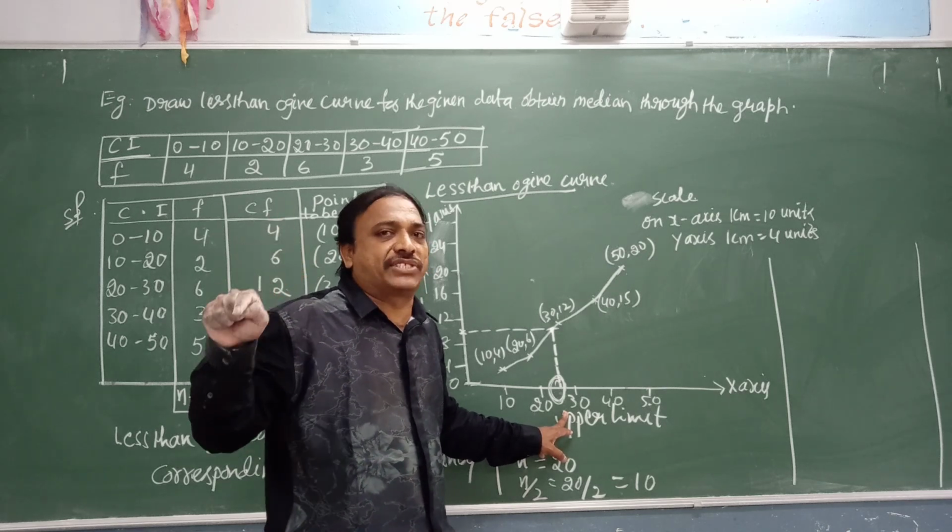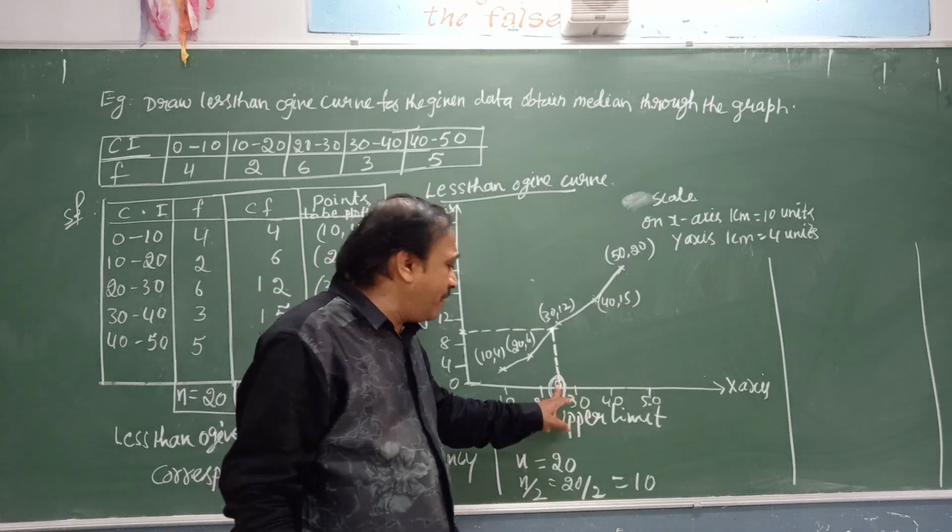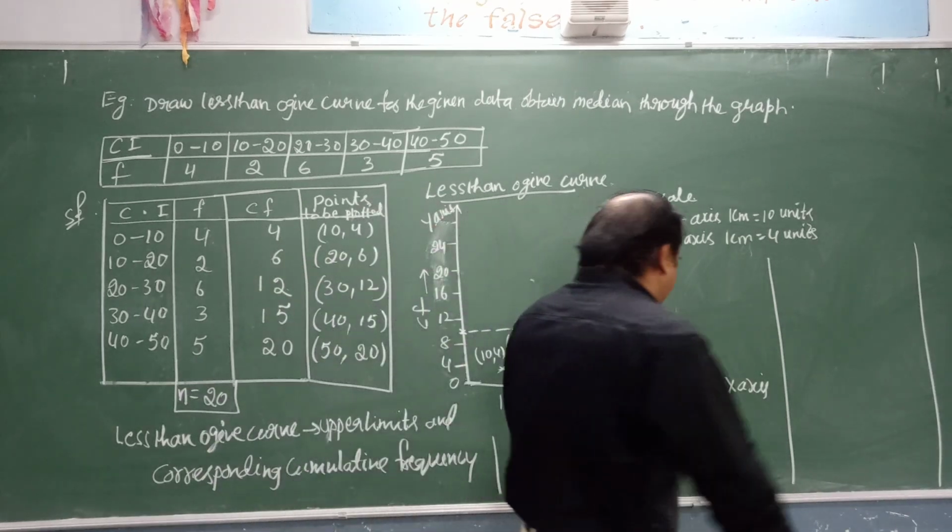If you are using the graph sheet, you will get the points correctly. Here I am not using the graph sheet. So n by 2 value you have to calculate.